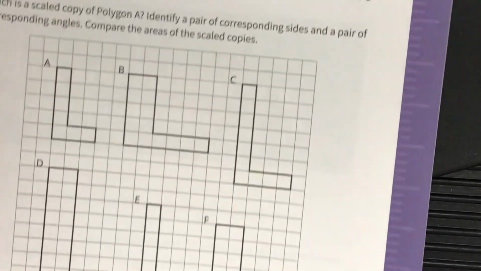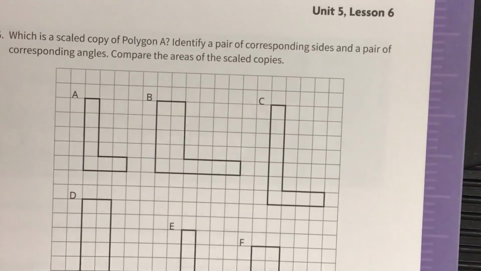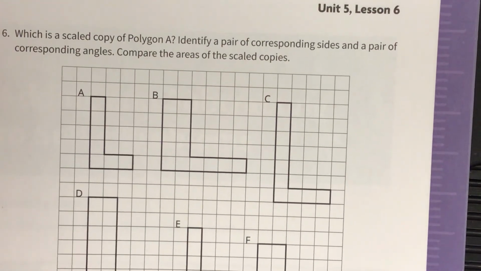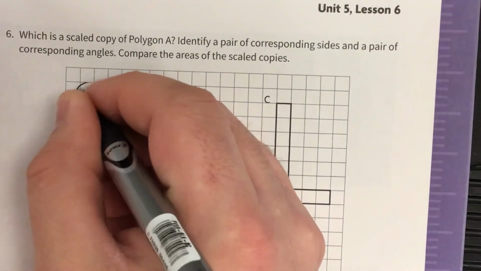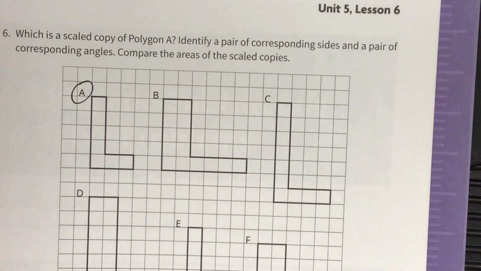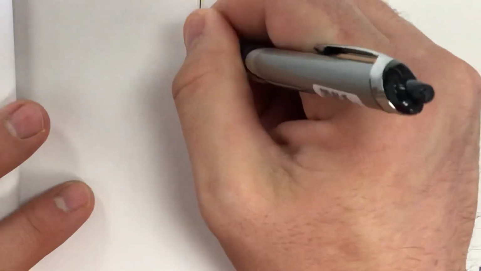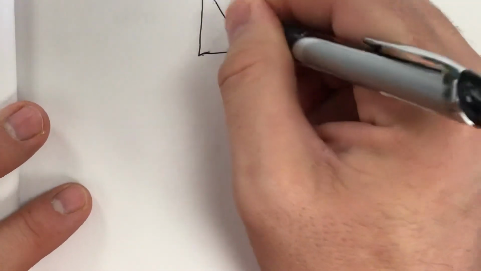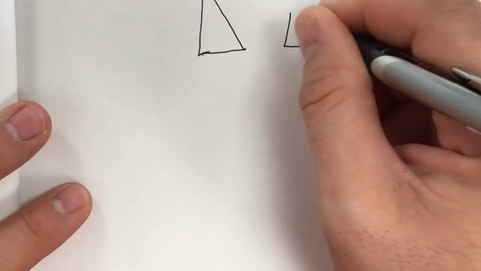And question 6. Which is a scaled copy of polygon A? So it's a scaled copy of the first one. Identify a pair of parallel or corresponding sides and a pair of corresponding angles. Okay, so just as a review, remember they have to look the same.